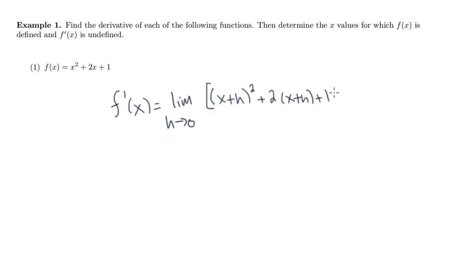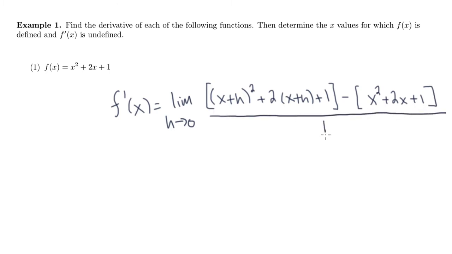So I'm going to kind of put this in brackets. And then minus (x squared plus 2x plus 1), all over h. And then, of course, just notice that this is f of x plus h, and then we're subtracting f of x.